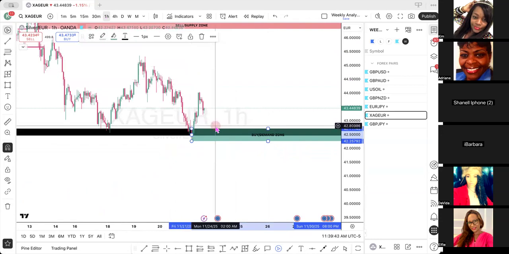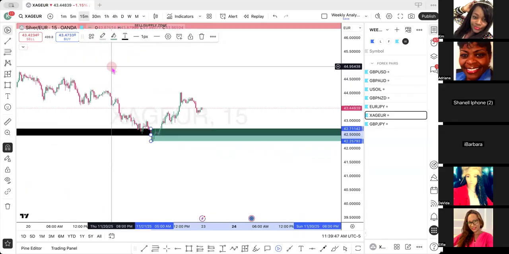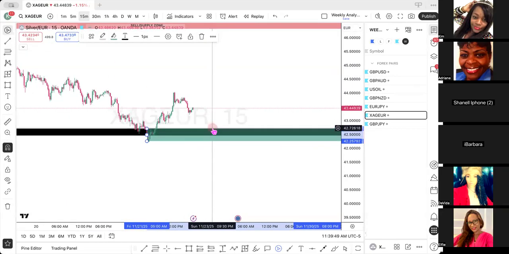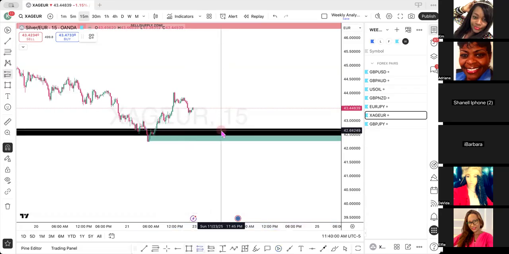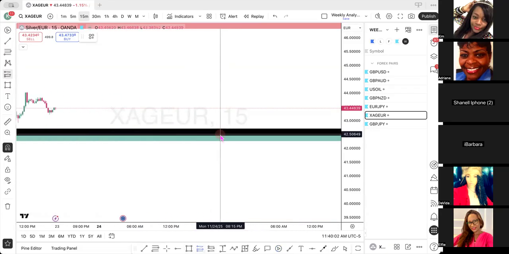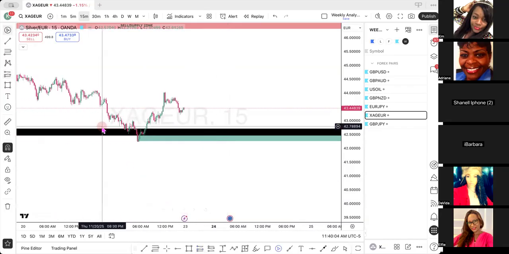Of course, once price gets there, I would go to a lower time frame, the 15-minute or the 5 minute, to look for the shift in structure and then get in on that shift. Or you can just set a limit. Hold on.